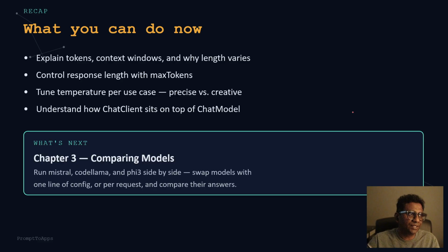You can say 150 tokens or 200 tokens. You can limit the number of tokens produced as an output. And you can tune the temperature as well. If you want a precise answer or a creative answer, it depends on the temperature. If the temperature is high, around 1.5 or so, the model becomes more creative. If the temperature is around 0.1, it's going to be precise.